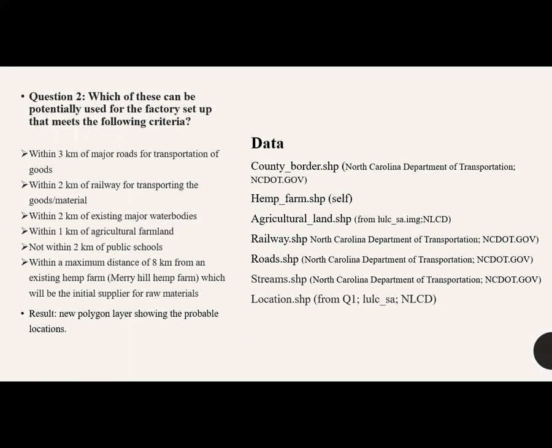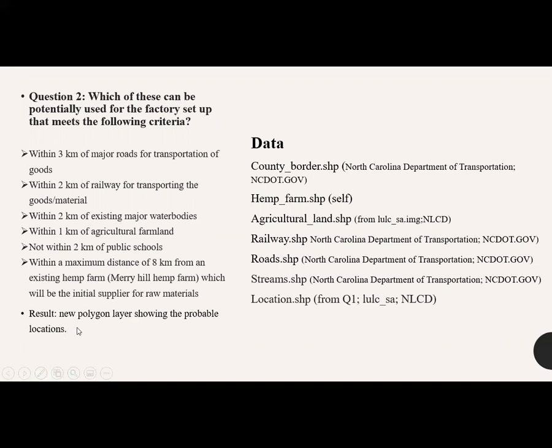It has to be within 2 kilometers of existing major water bodies such as streams or rivers. It has to be within a kilometer of agricultural farmlands for future prospects. It cannot be within 2 kilometers of public schools. And finally, it has to be within a maximum distance of 8 kilometers from the Maryhill Hemp Farm, which will be the initial supplier of raw materials.